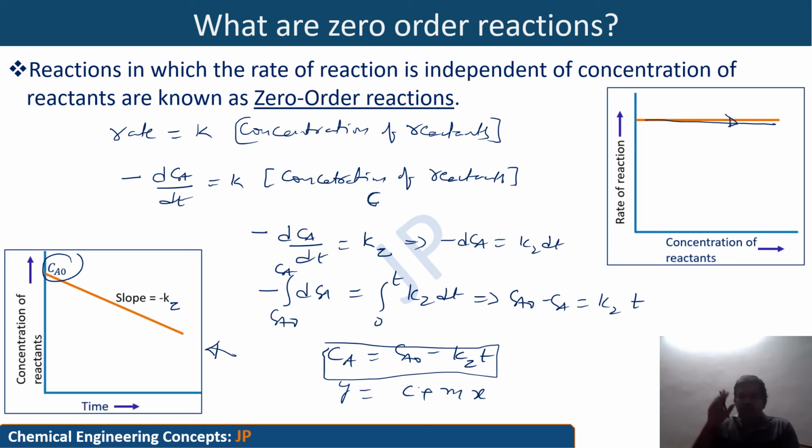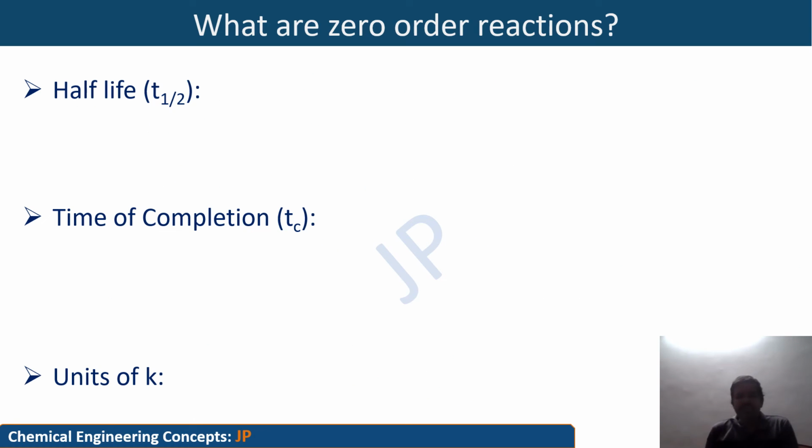Don't assume that the concentration of the reactants remains unchanged in zero order reactions. The reactants undergo change, but the concentration of reactants seems to be the same, as we discussed in the previous examples. Now let us see the half-life of a zero order reaction.